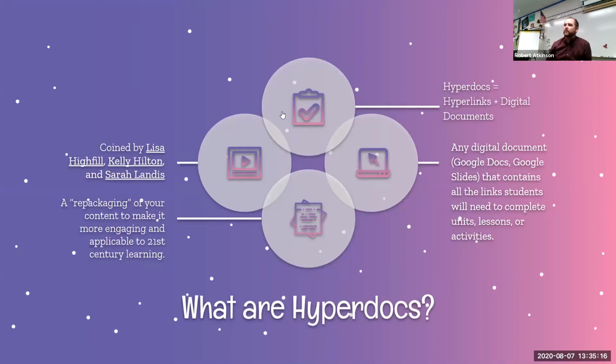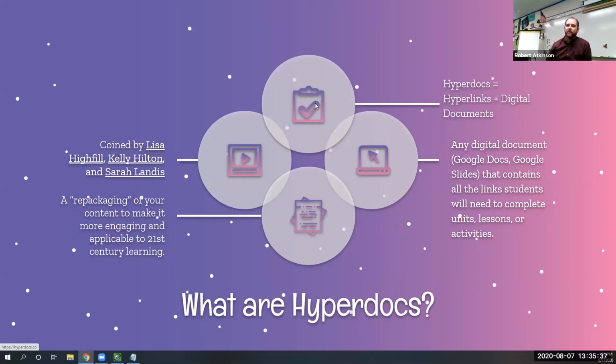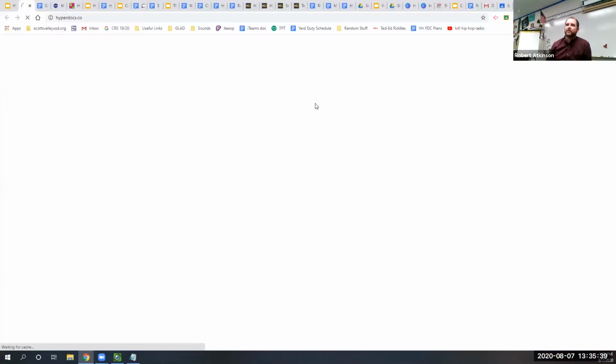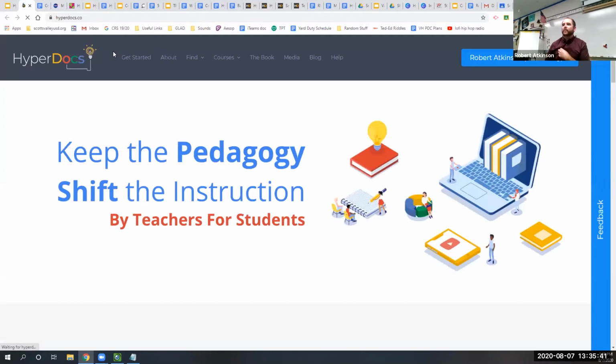So I have built links into this presentation. Each of these underlined names here is a link to that person's Twitter account. Throughout the presentation, there will be some images that are clickable links. For example, this check mark here, if you click it, it will take you to the Hyperdocs website, which we'll be getting into a little bit later.